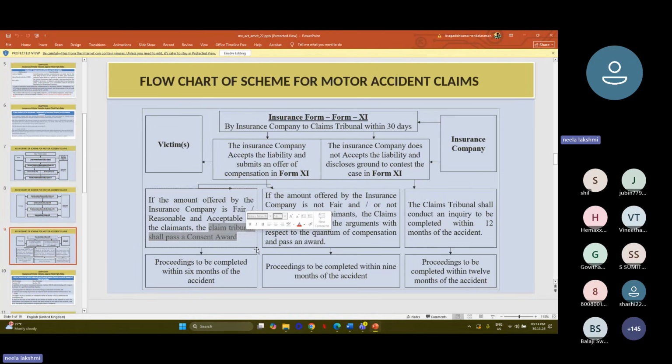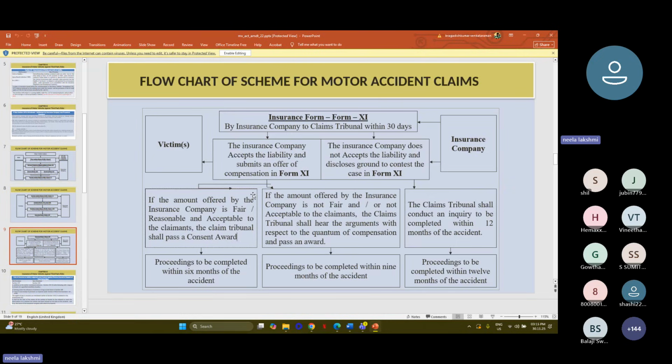Since the disputed parties are agreeing between themselves, the court will not have any objection, and the claims tribunal shall pass a consent award. Okay, this is the first straightforward situation.